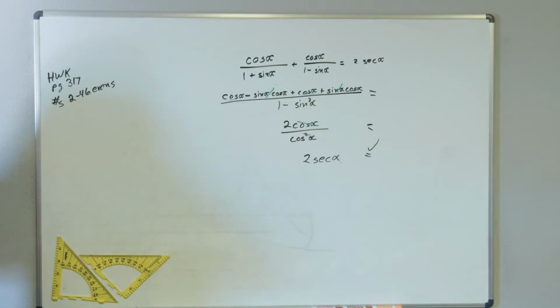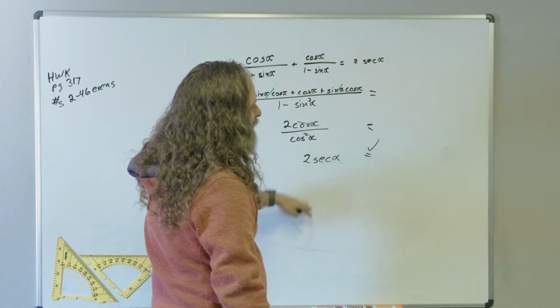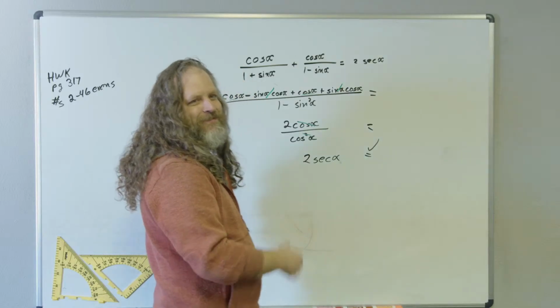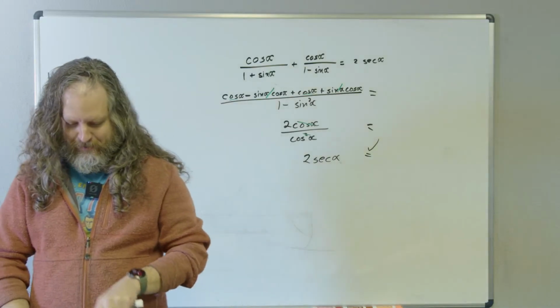The canceling and then making them both secant. Well, there's only one, because we canceled one of them. So there's only one on the bottom. Yeah, I know. The only step I skipped was cosine on the bottom. And then it becomes secant.